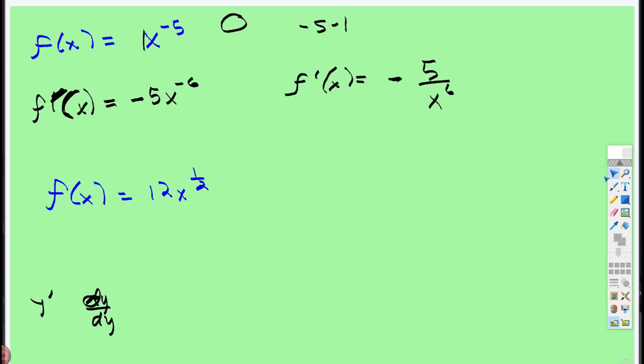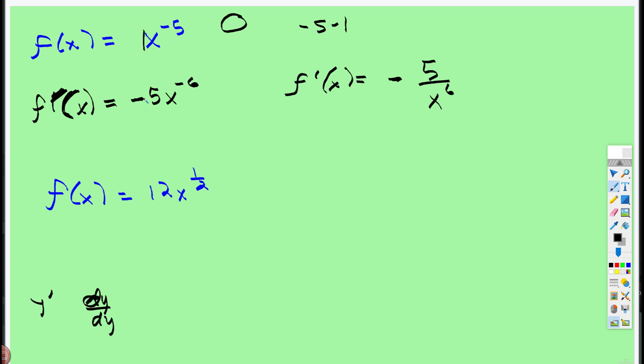So using the power rule, the -5 came down in front, and then -5 subtract 1 is -6, but x to the -6 is the same thing as 1 over x to the 6th, but instead of 1, we have a -5 in front.